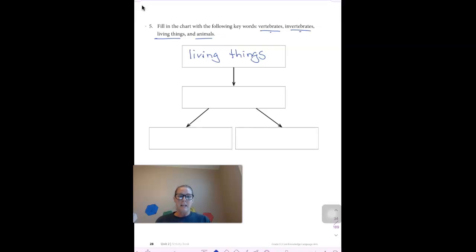More specifically, because plants are living things also, but we're not talking about plants right now. We're only talking about animals. And those 2 types of animals we're talking about are vertebrates and invertebrates.